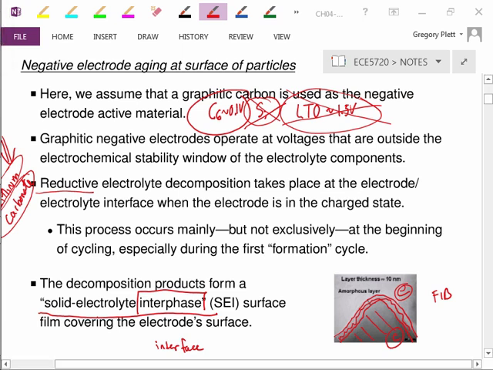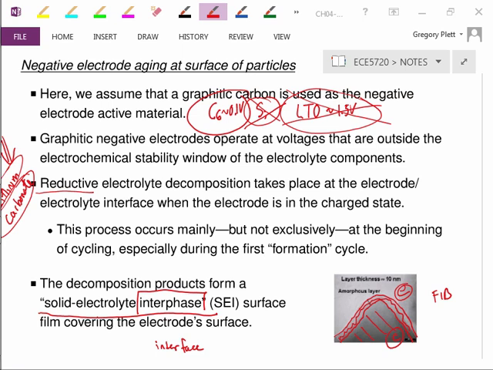Not that you see the violence, but it happens very quickly, and it forms that layer. And once that layer is there, it's kind of an insulation, and it keeps the ethylene carbonate away from the carbon surface layer, or it tends to keep it away. And so the reaction slows down, and the formation of this SEI layer slows down.